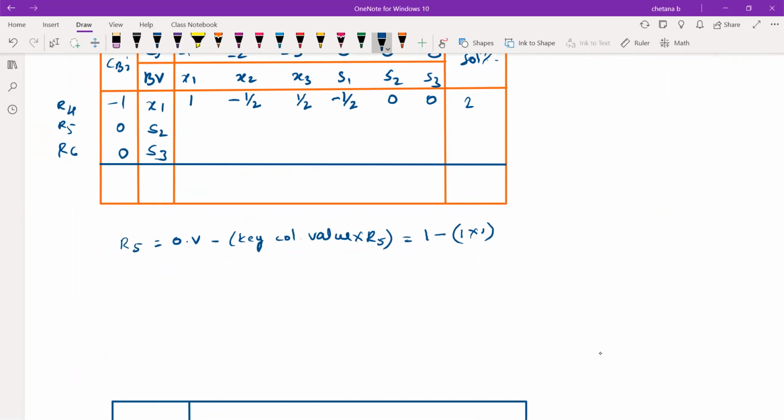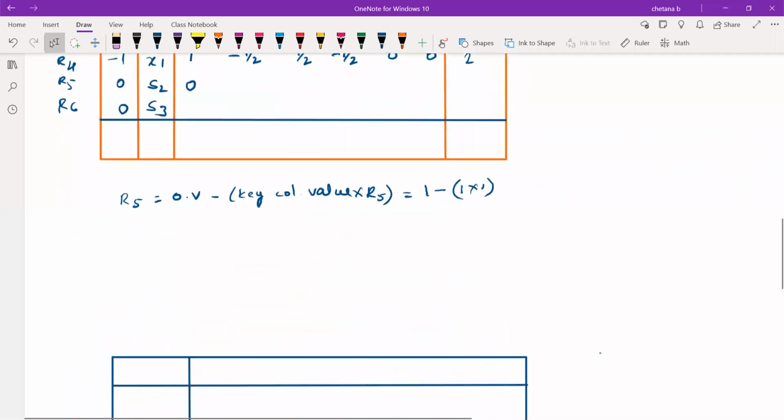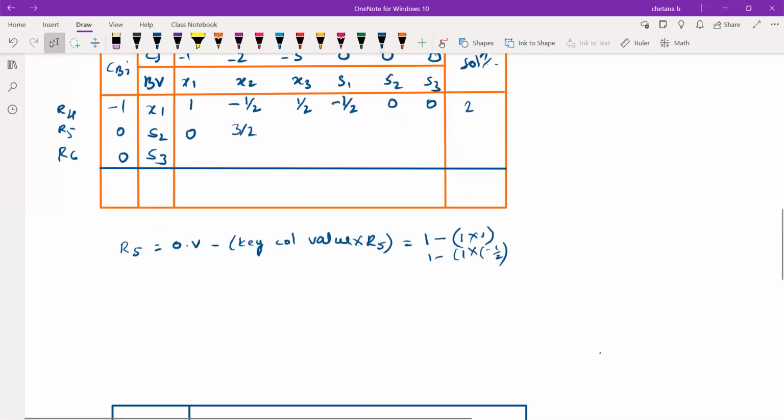So 1 minus 1 is 0. Similarly, the second old value is 1 again, minus key column value 1, times minus 1 by 2. So 3 by 2. Similarly, I'll write all the values because you are familiar with these calculations. 1 by 2, 1, 0, 6.